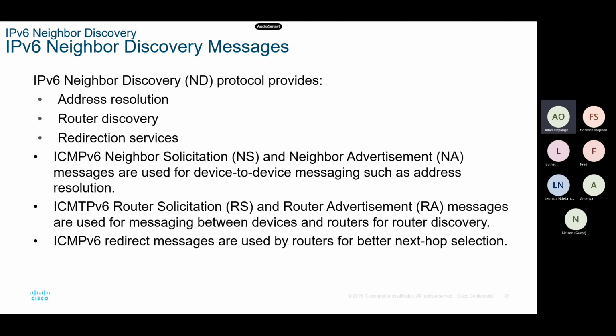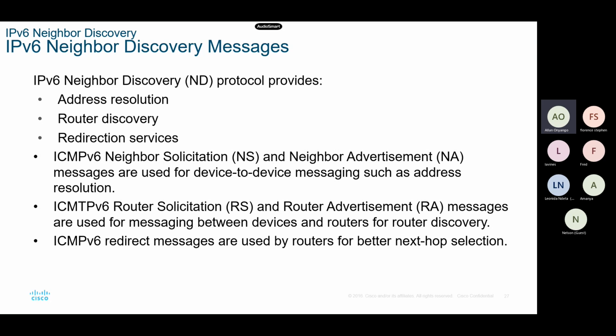The ones similar to ARP request and ARP reply: ARP request is similar to what is called the neighbor solicitation message, NS. Neighbor solicitation is the equivalent of an ARP request. Neighbor advertisement is the equivalent of ARP reply. So address resolution is done by the NS and NA.